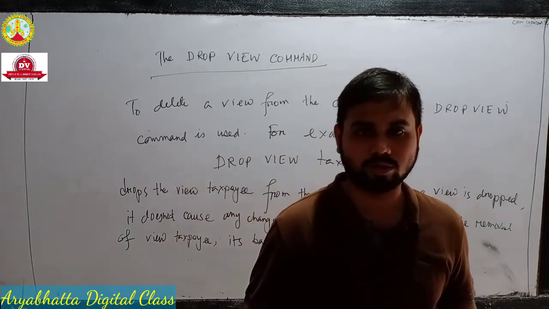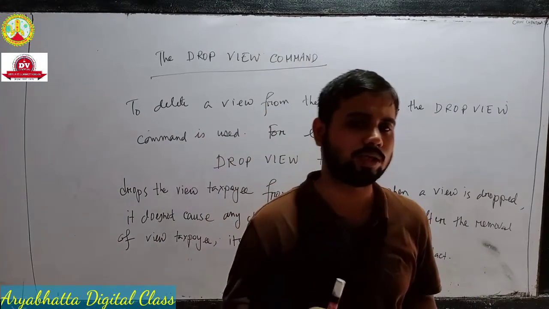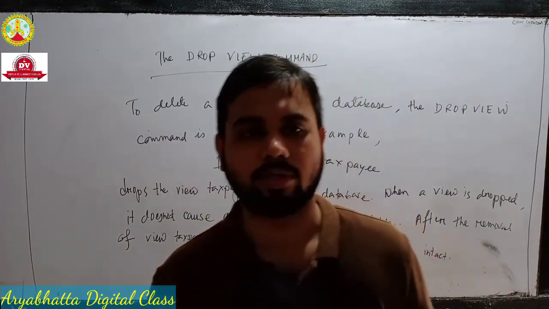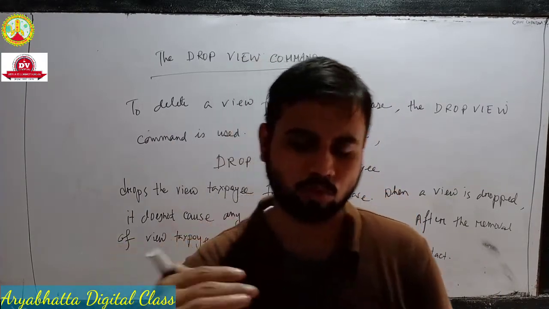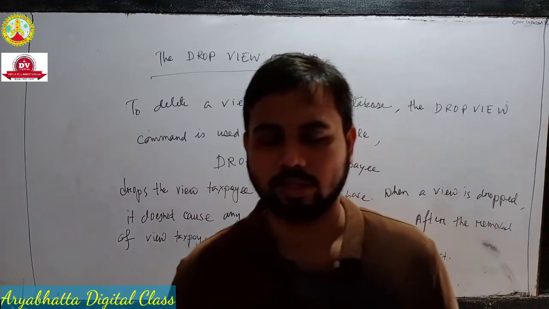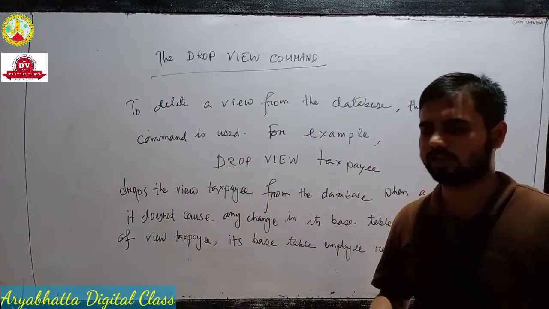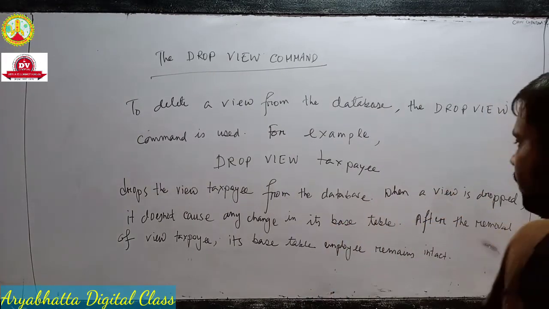Suppose there is a table employee, and we want a partial table tax pay, meaning the employees who are taxable, where tax pay is applicable. Then we create a partial table of employees who are applicable for tax pay. That is called a view, a partial table, created for some requirement on the employee base table.